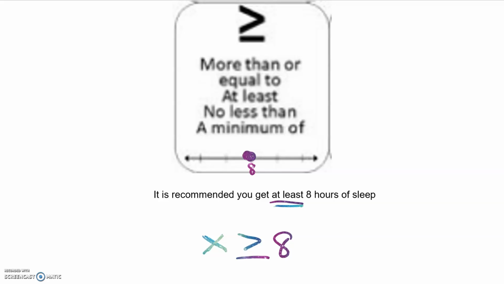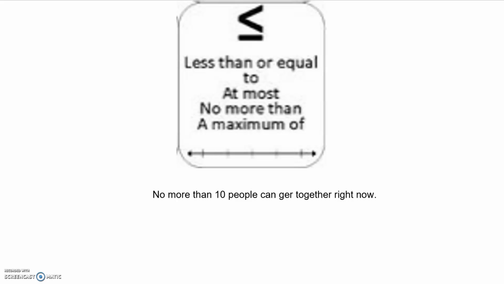I fill that in, and I draw an arrow to the right, greater than or equal to 8. And finally, no more than 10 people can get together right now. So that is X is less than or equal to 10. If I put 10 here, I fill in my circle, and I draw an arrow to the left.